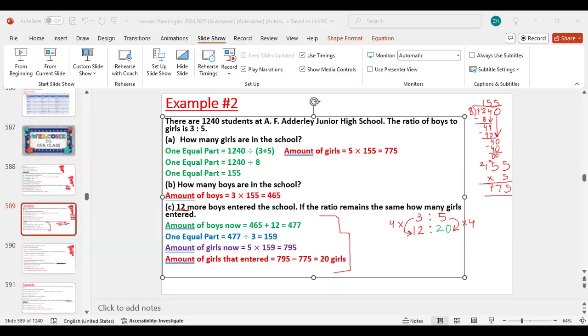Number 2. It's the one with 1,600 students. 1B, it's saying it's supposed to be 100.